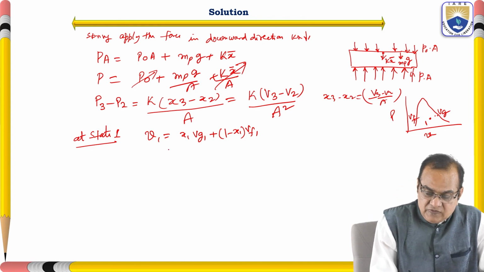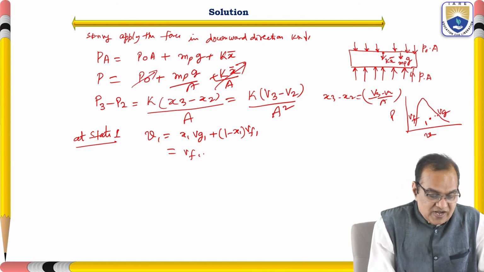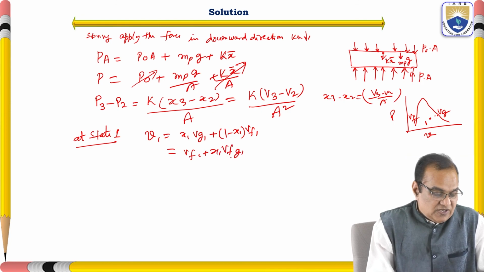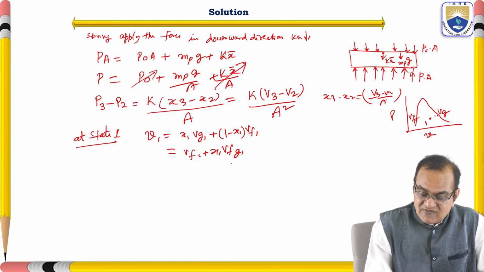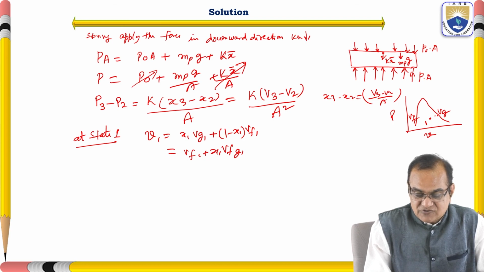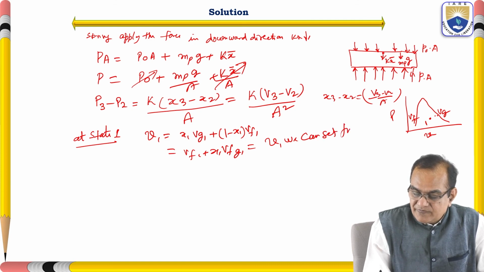So we can get here VF1 plus X1 VFG1. So from the steam table, we can find out this VF1. VFG is given, X1 is also given. We can find this V1 from the steam table.